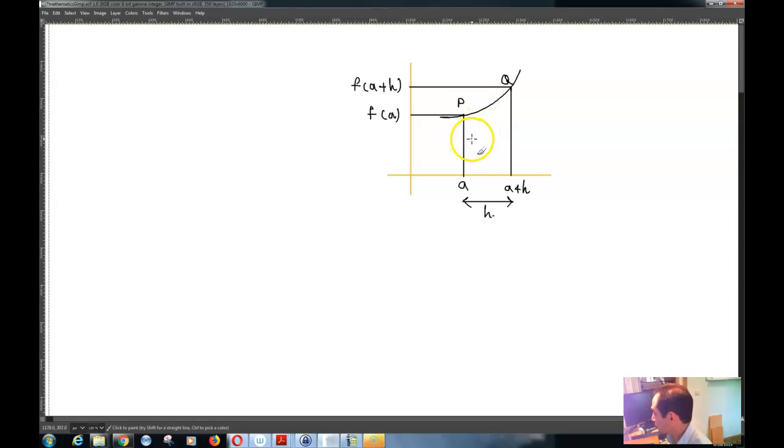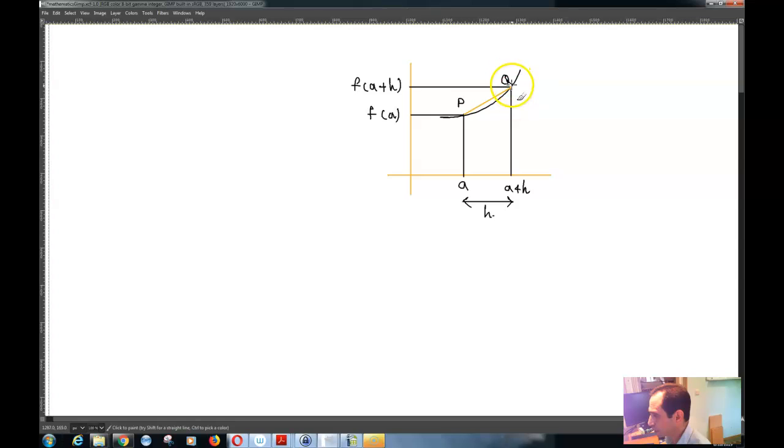So we said that if you want to calculate the average velocity of the object, or the slope of this line, which is the average velocity at these 2 points, it's going to be equal to the slope of this line.